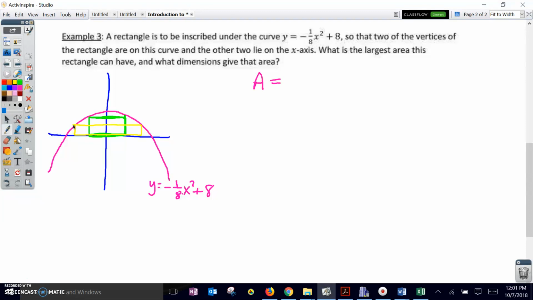But whatever the case may be, this distance right here is going to be the x-coordinate of the point where the rectangle intersects the parabola. And the y-coordinate of that point, since the function is y equals -1/8 x squared plus 8, is going to be -1/8 x squared plus 8.